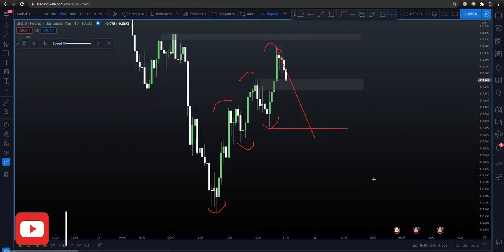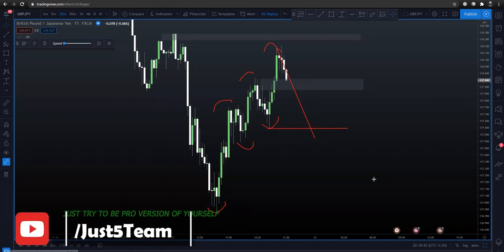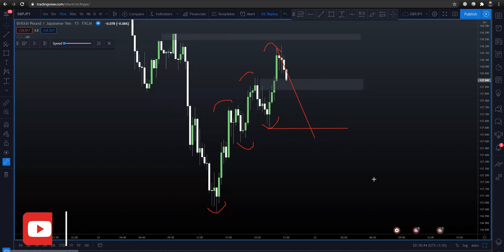When this happens, it's a sign that you say, okay, the price broke the previous low. Now we could go for a sell. Not now. We should search for a sell opportunity.